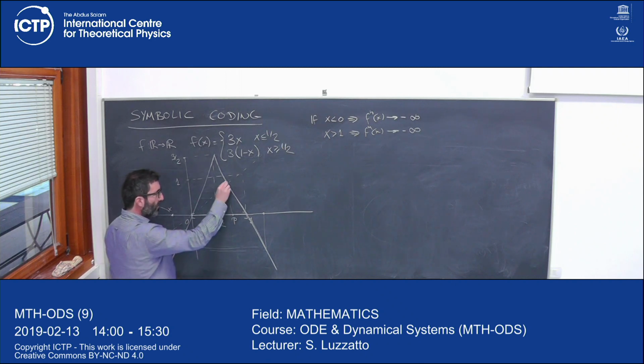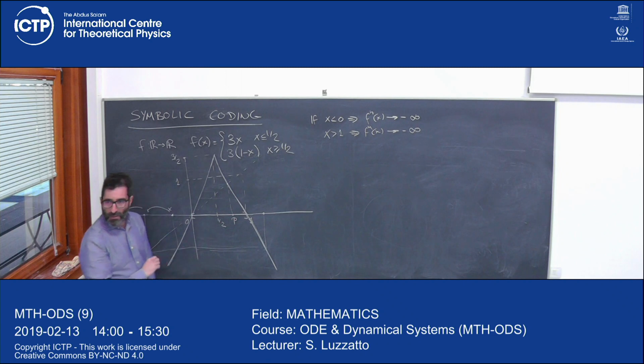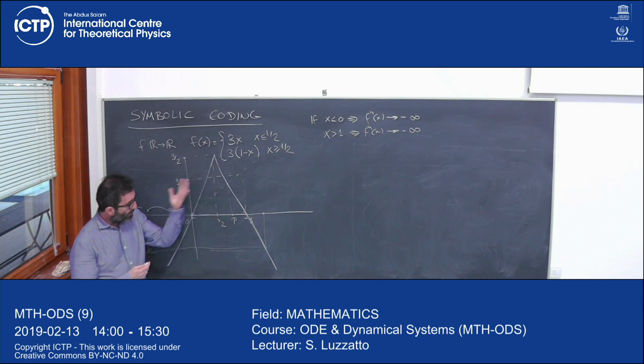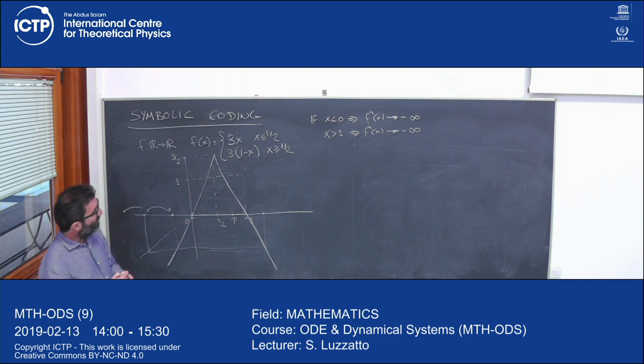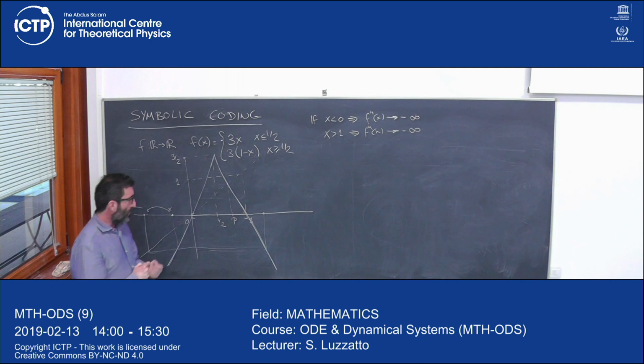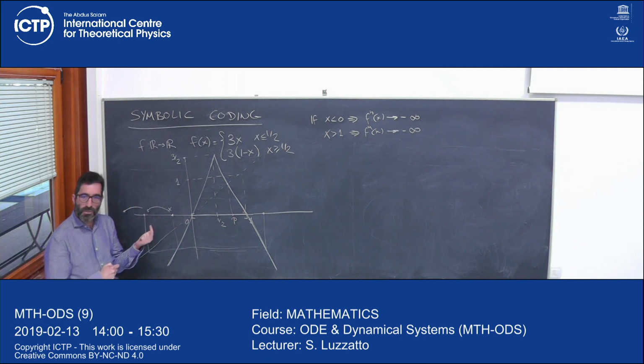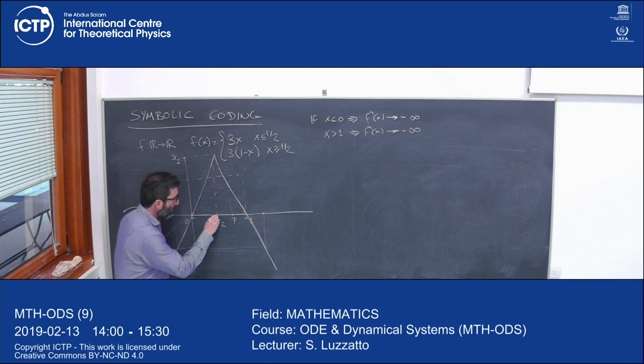And the same here. If you take a point here, it will move away from P. Okay? So we will try to understand a little bit later the global picture. But first notice that there's something interesting. If you take a point in this interval 0, 1, does its image remain in the interval 0, 1? Always? What about the point 1/2?